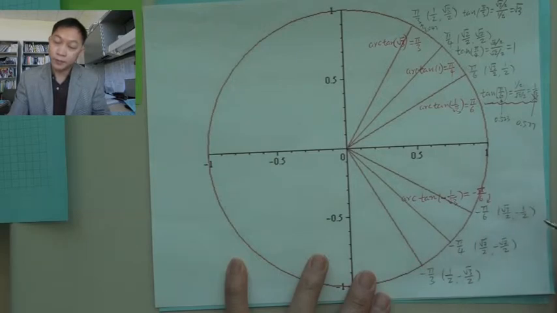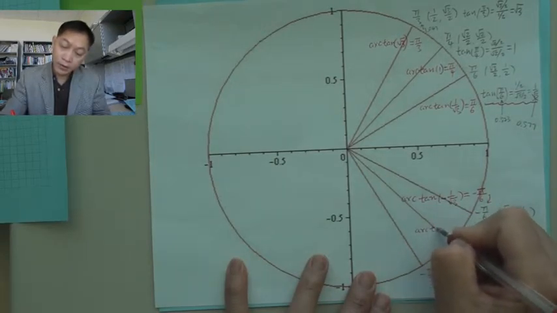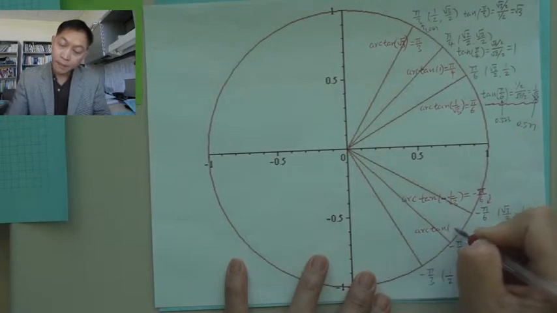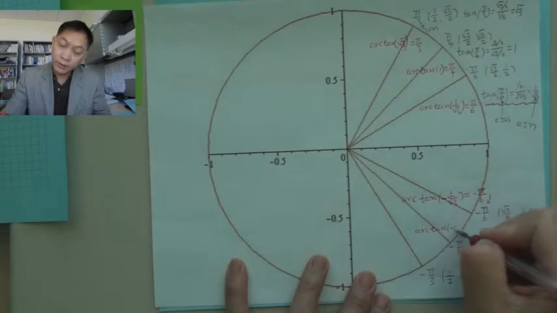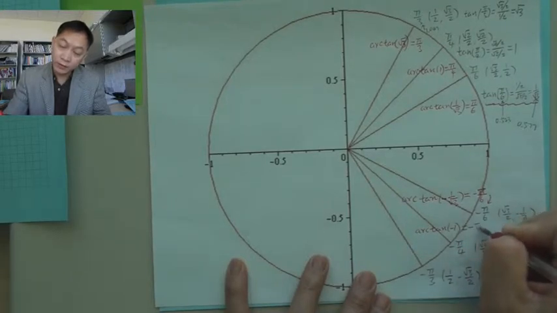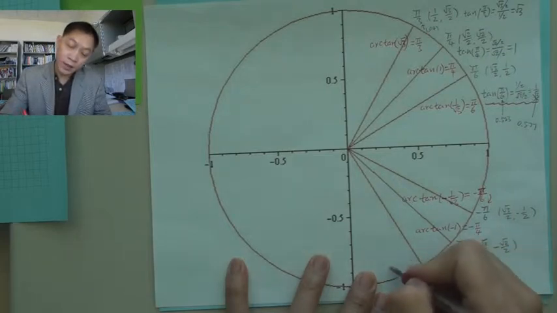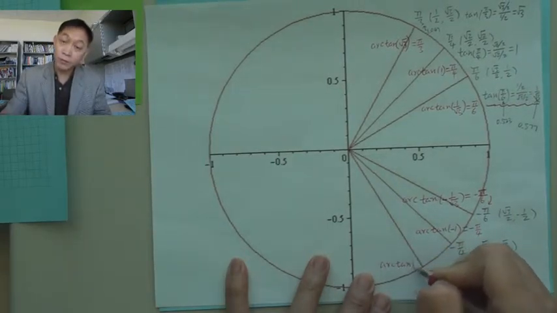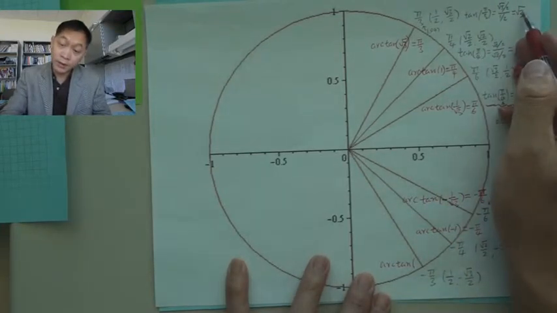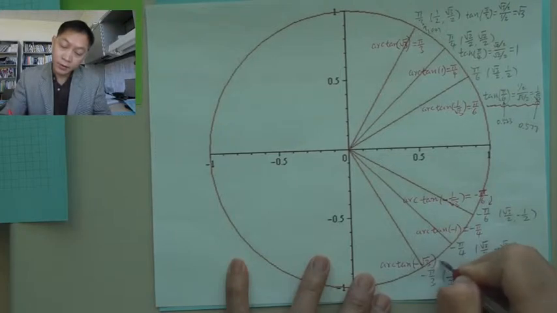Arctangent of positive 1 for this angle, negative 1 for negative angle. And here arctangent, it was positive radical 3, now we have a negative radical 3, we get negative pi over 3.